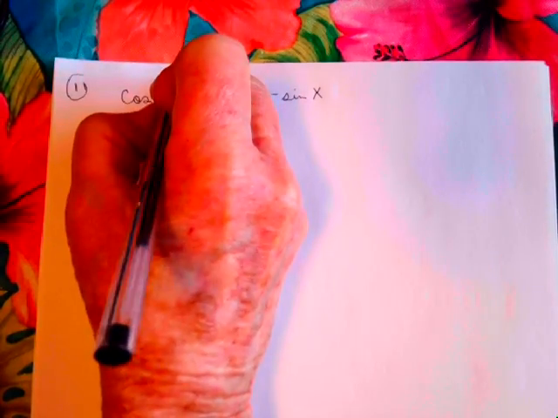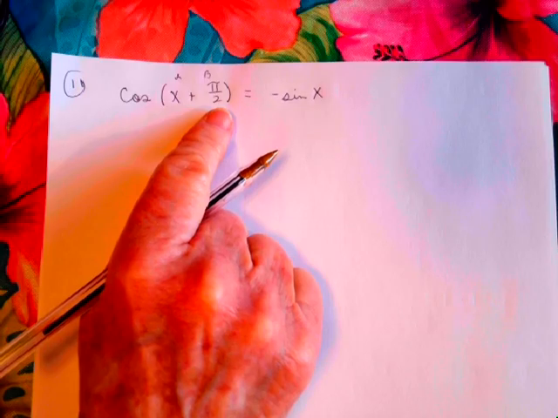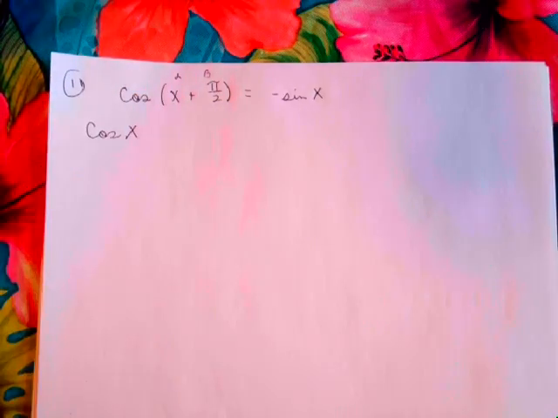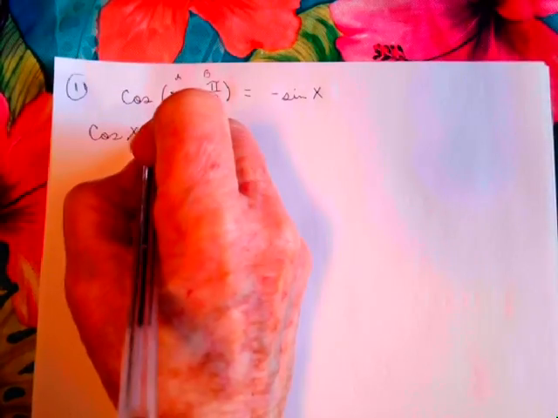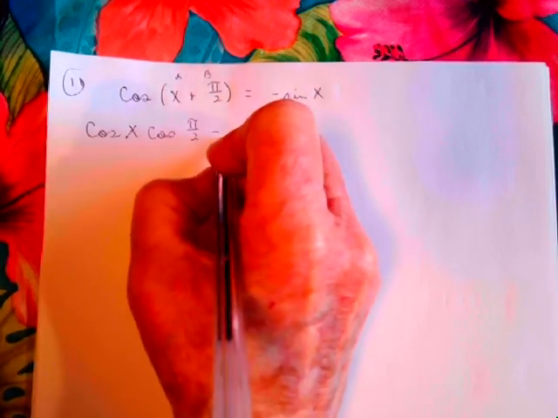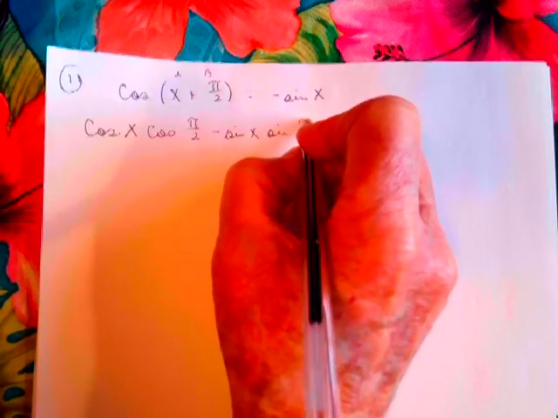You're going to rewrite this with a sum or difference formula. X is your alpha, pi over 2 is your beta. This will be cosine of x times cosine of pi over 2 minus sine of x times the sine of pi over 2.